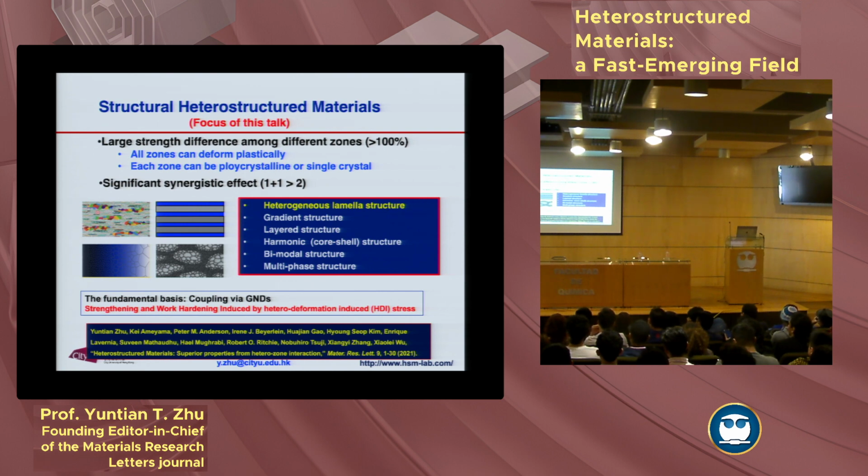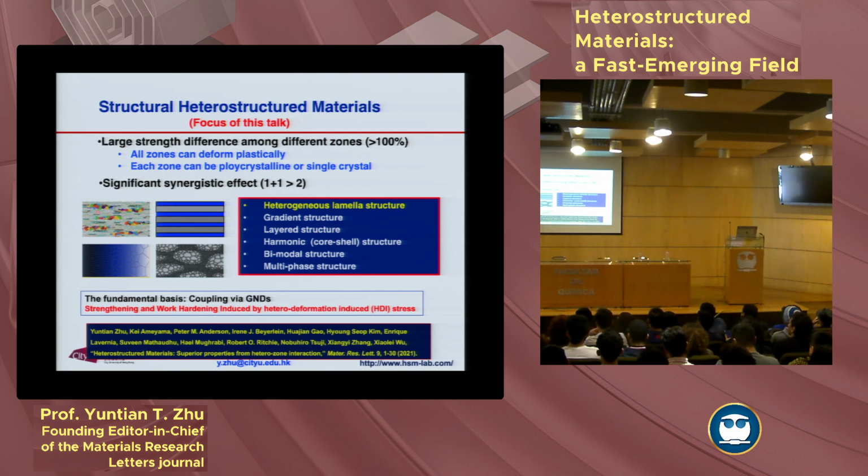Then you might ask, if you look at this cartoon, they are so different. How can you classify them together? Here, we classify them together as heterostructure because their superior property comes from the same fundamental reason.